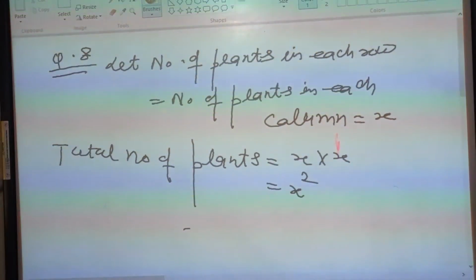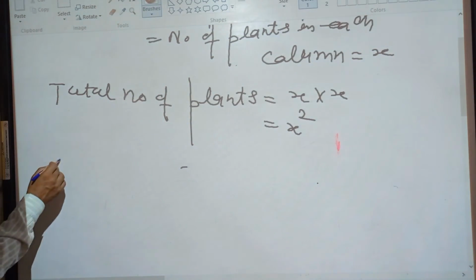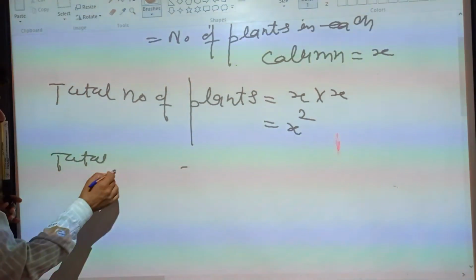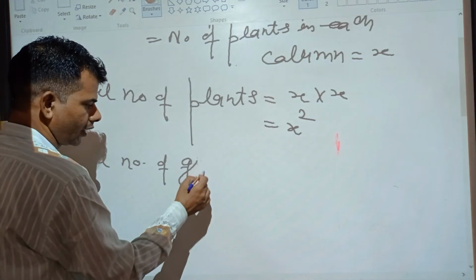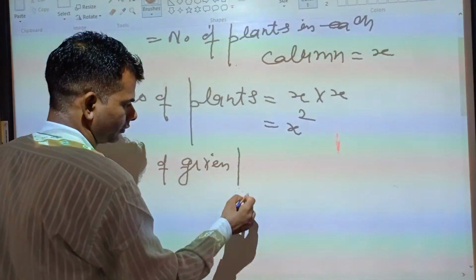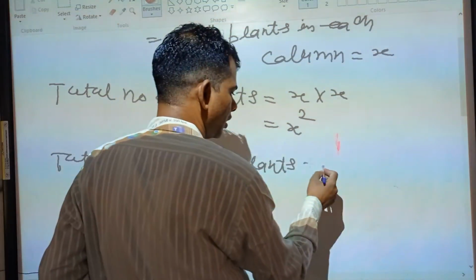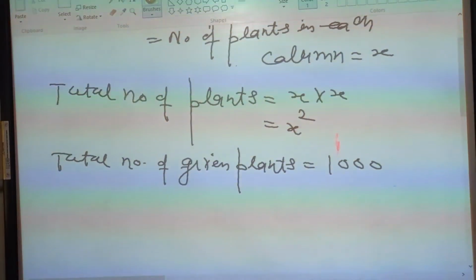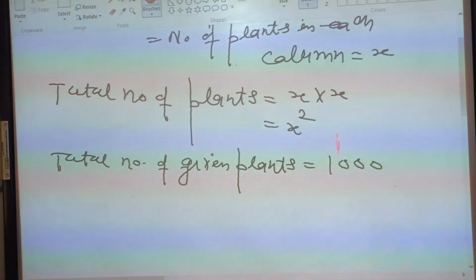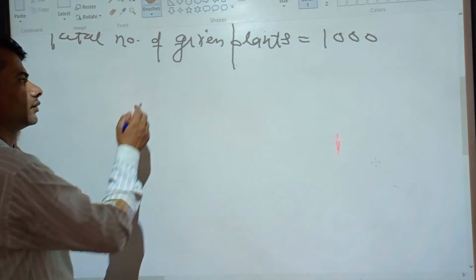But total number of given plants is 1000. So according to question, x square will be equal to 1000.